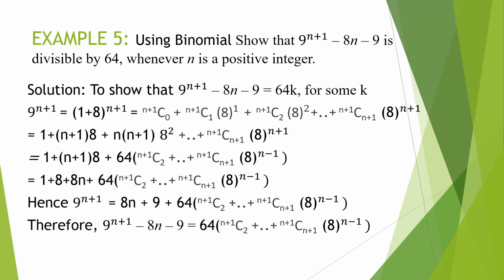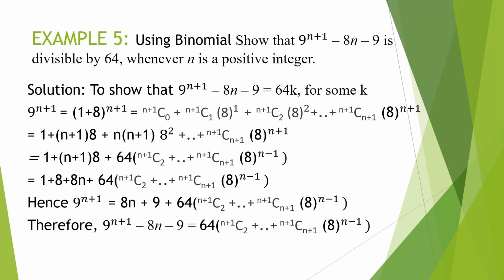Next type of example. Using binomial theorem, show that 9 raised to n plus 1 minus 8n minus 9 is divisible by 64 whenever n is a positive integer. Now see, looking at the problem, what we need to show is it is divisible by 64, means the left hand side is a multiple of 64.